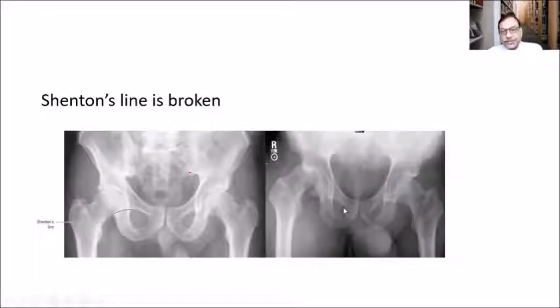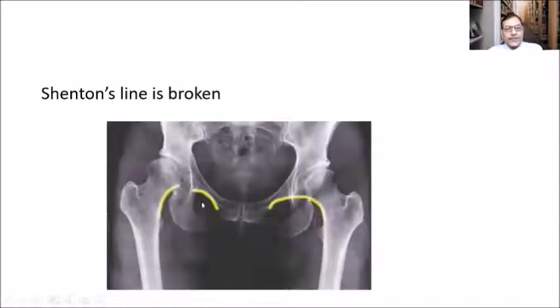If you trace it from the inferior part of the iliopubic ramus, because the inferior border of the neck has gone up, it is discontinued. You can see very clearly, this is broken here and this is continuous here. Broken because this has shifted up.